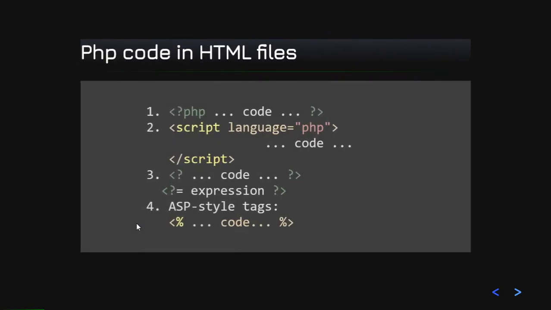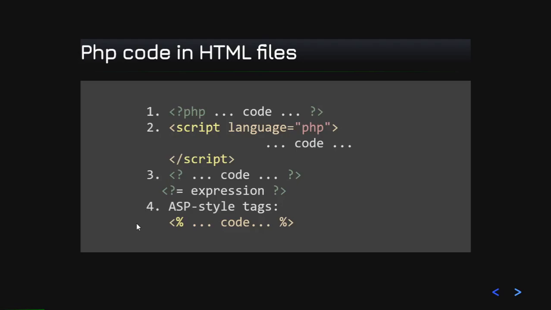Then let's talk a little bit about the way we can insert PHP code in HTML files. I've told you that a PHP file is just an HTML document with a PHP extension, and inside this document we have regular HTML tags, but now and then we have PHP code that is interpreted by the PHP interpreter.